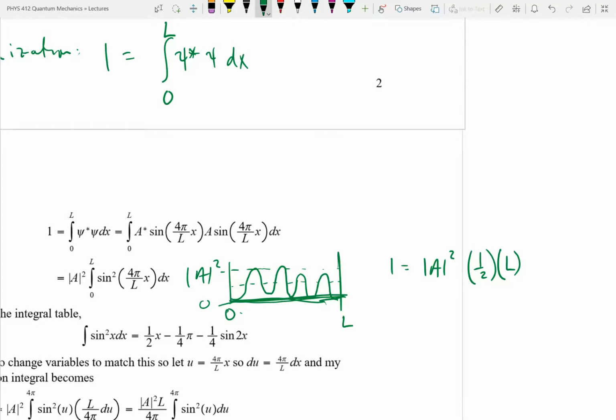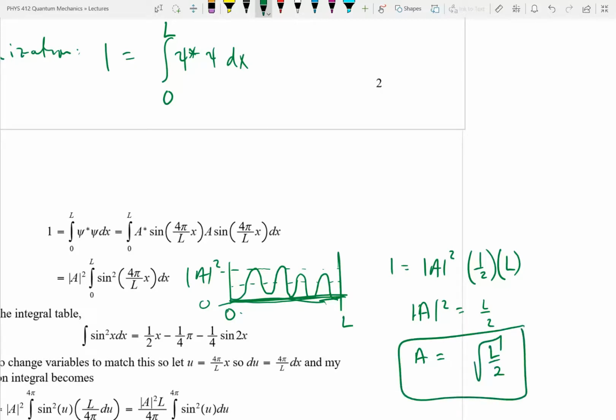Yeah. And so then we get A mod squared is equal to L over 2. A is equal to square root of L over 2 is one of the possible answers. Name a second possible answer. Minus square root of L over 2.